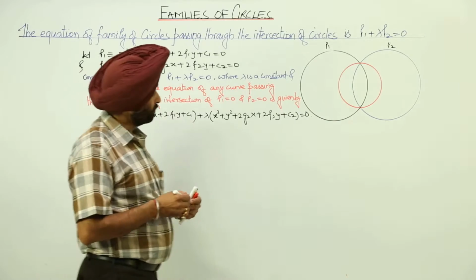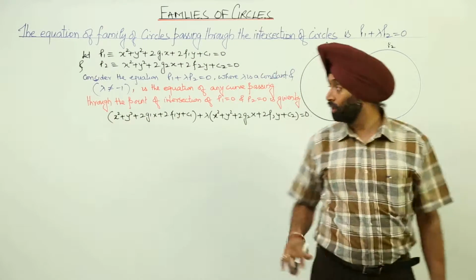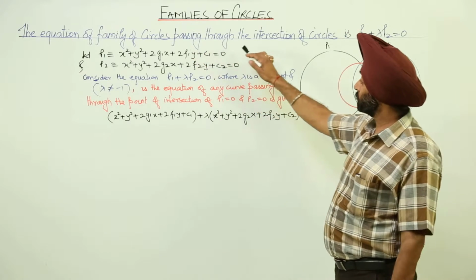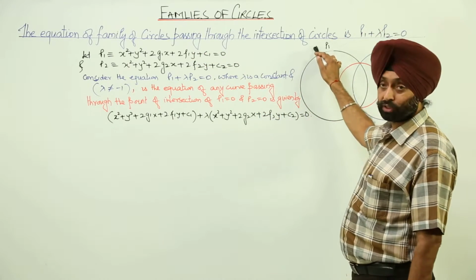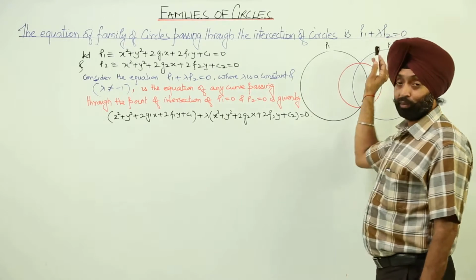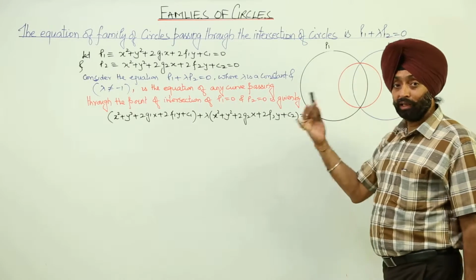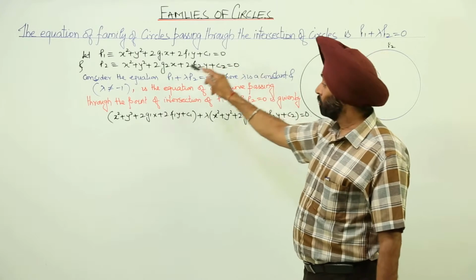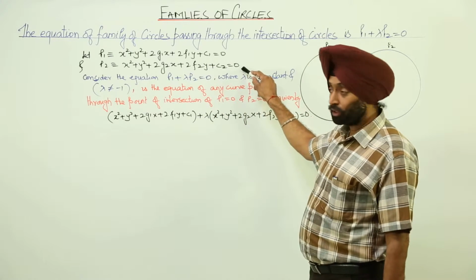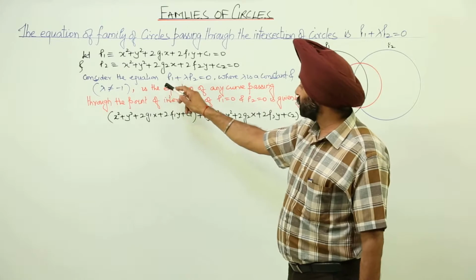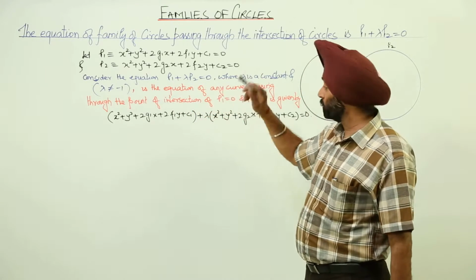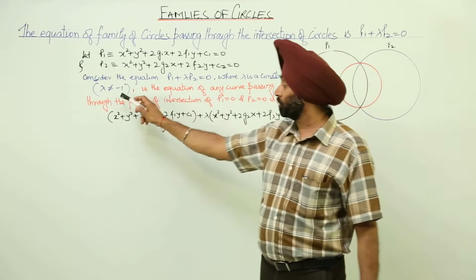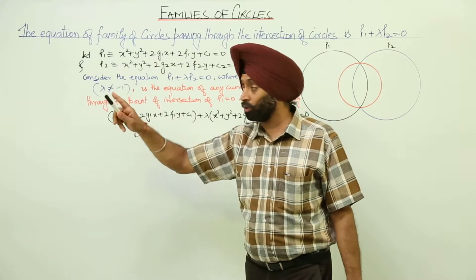Now once again, what we have done, we have just shown it. If the equation of a family of circles passing through the intersection of circles is P1 plus lambda P2 is equal to 0, then what is P1? P1 is the equation of this circle, P2 is the equation of the second circle. Now considering the equation P1 plus lambda P2 is equal to 0, lambda is a constant and lambda is not equal to negative of 1. Why is it not equal to negative of 1?